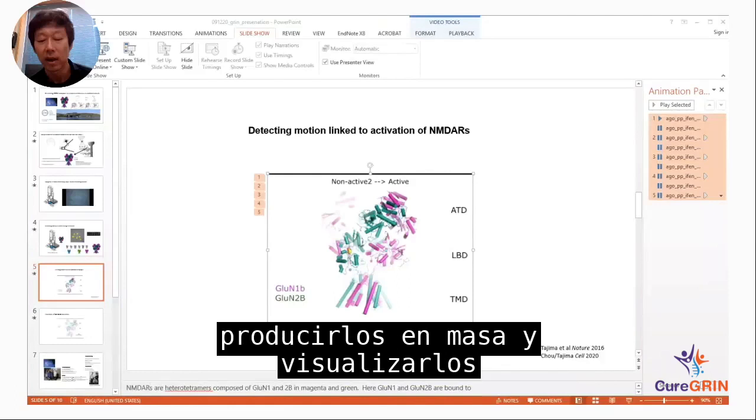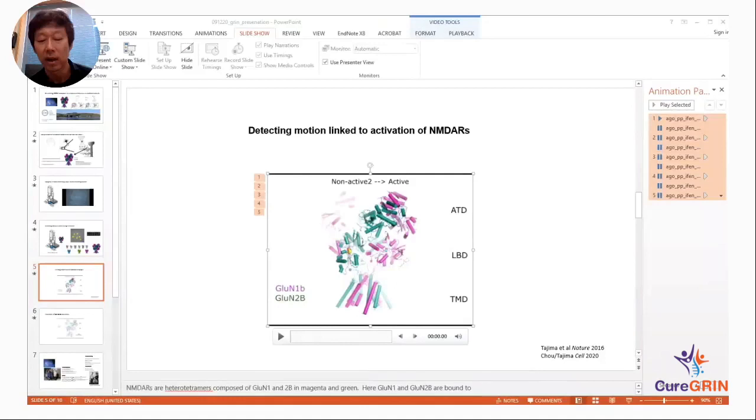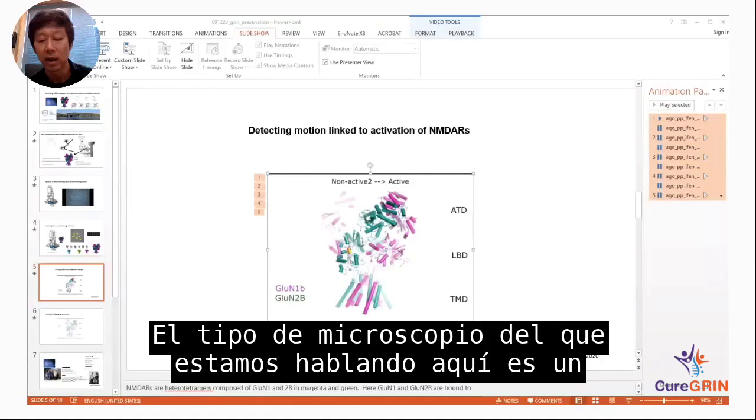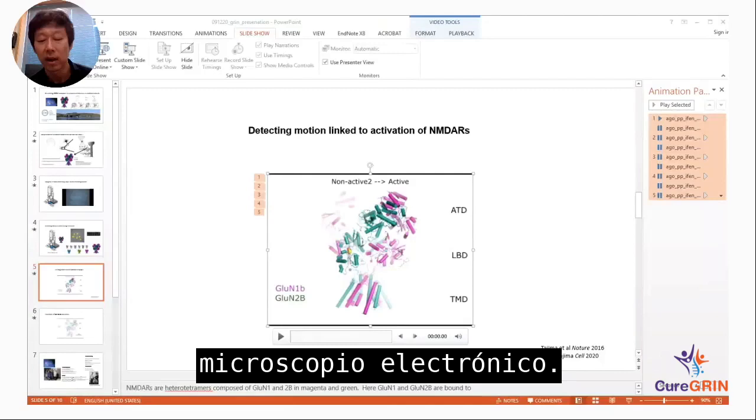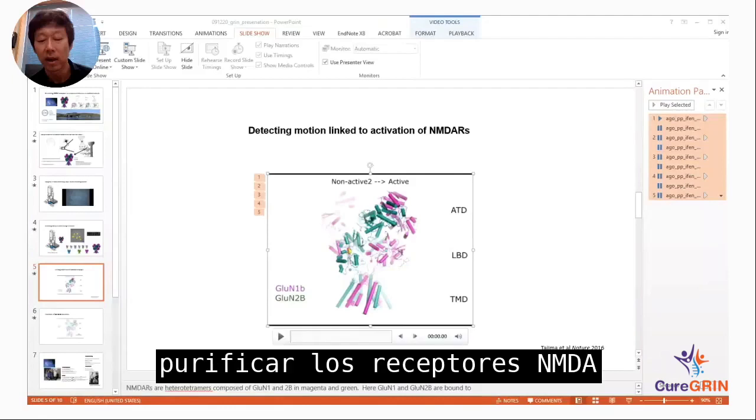So we could just mass produce them and visualize them under a microscope. The type of microscope we're talking about here is an electron microscope. Okay. So what we end up doing is to basically just purify NMDA receptors.